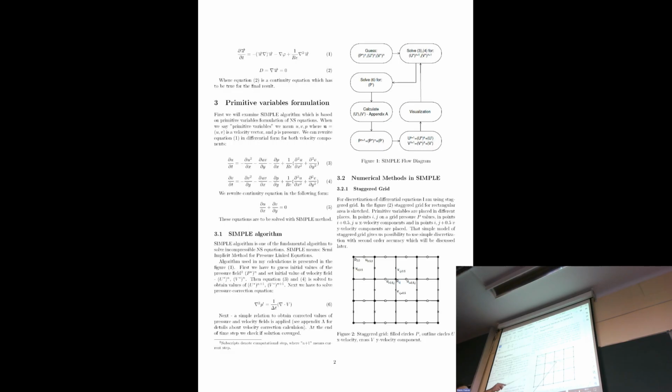The values of X components are just moved right by half of the spatial step, and the Y components are moved by half in the Y direction. So that means your Pij is here in the middle, but U is never in Ij, it's always in I plus 0.5 or I minus 0.5.